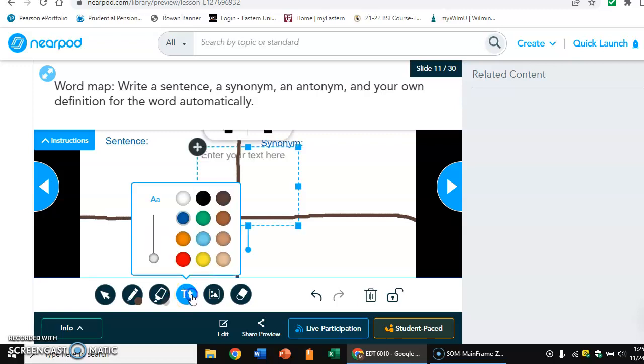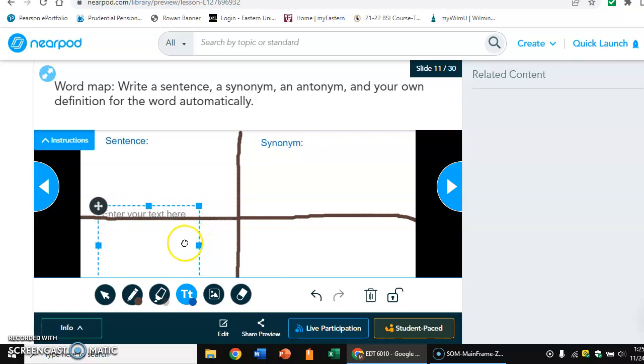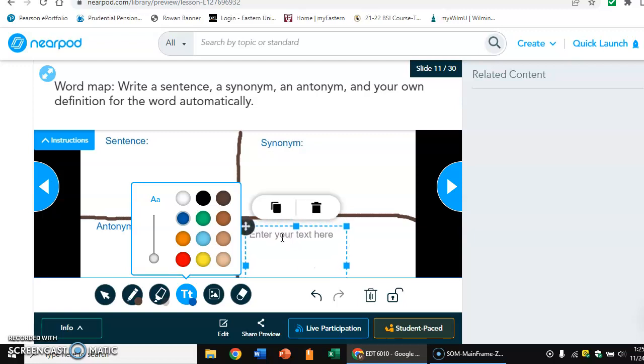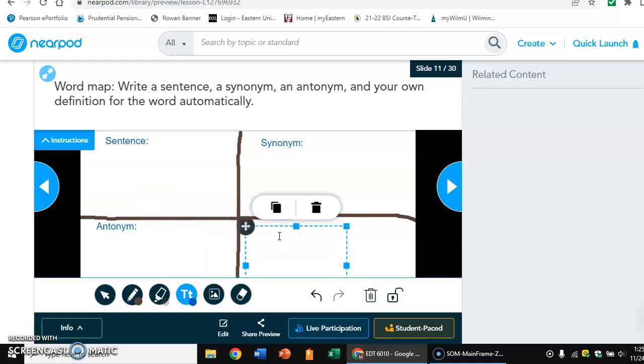So for example, you're going to come over here and you could put antonym in this box. And then you can also include your definition in this box.